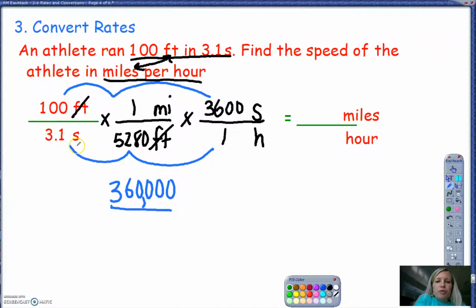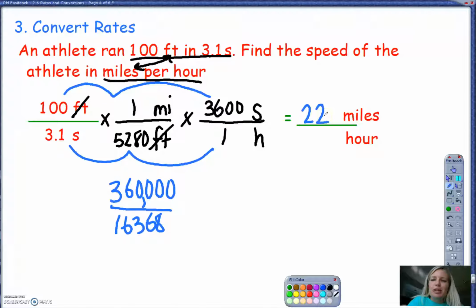Across the bottom, we do 3.1 times 5,280, and we get 16,368. Again, I don't need to see this fraction. You can just do this on the calculator. Then you divide them. When you divide them, you should get 22 miles per hour.